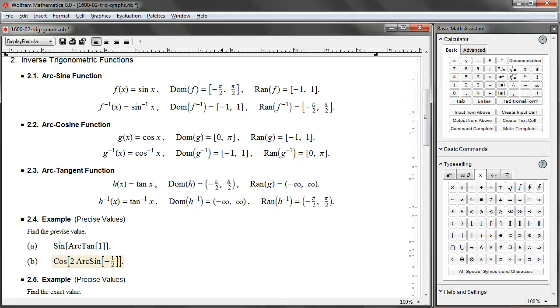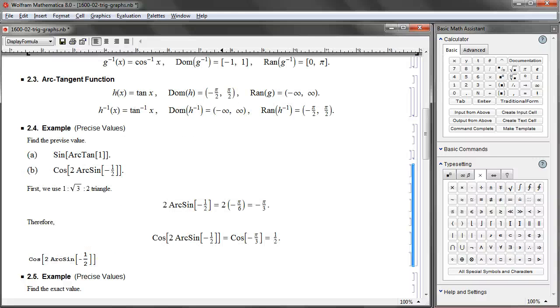How about the next one? Cosine of twice arcsine of negative 1/2. Again, the same comment as before. Pick up your calculator and then click, and then you're going to get an answer. However, suppose that you do not have a calculator, or you're unwilling to use it, well, you can use a known triangle. Arcsine of negative 1/2.